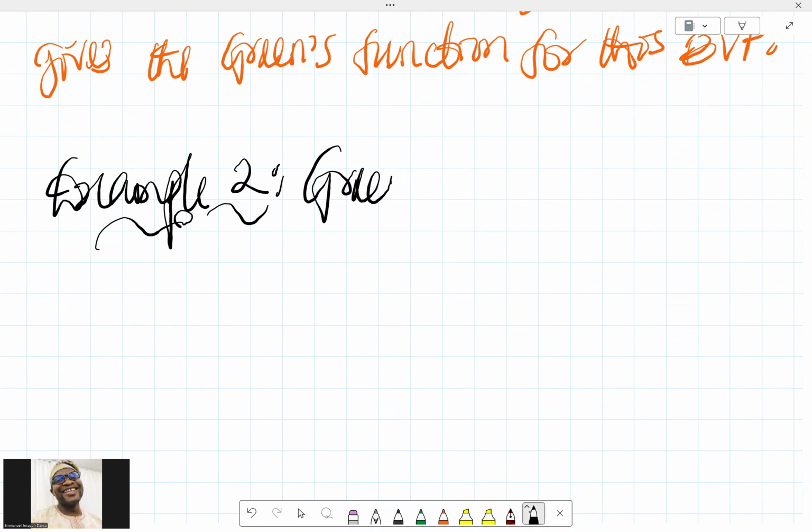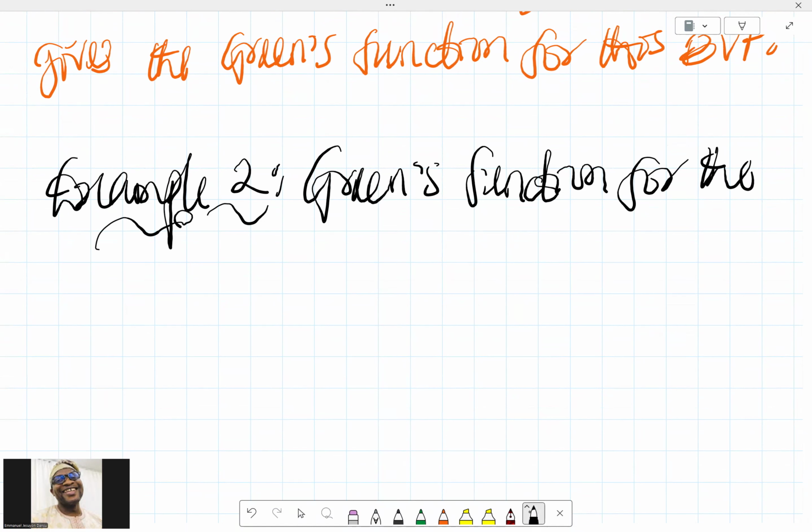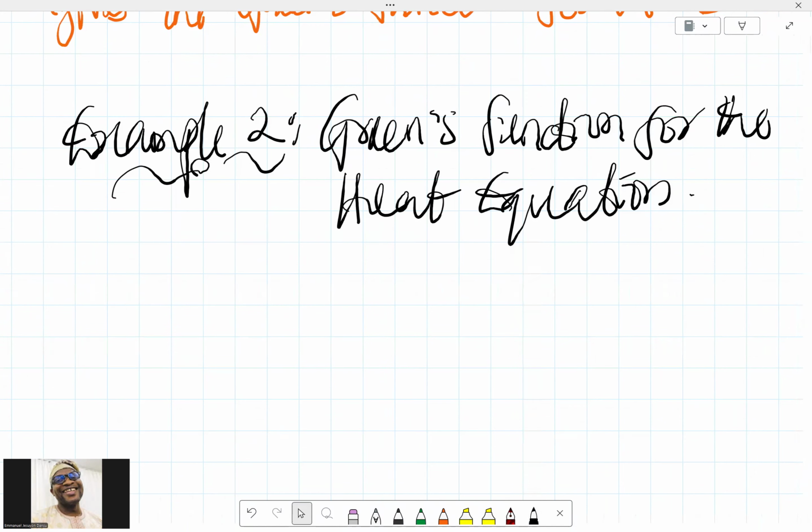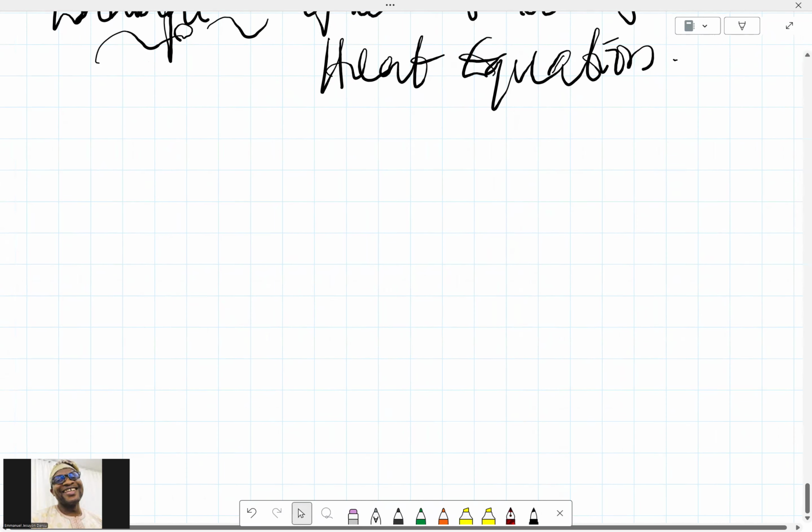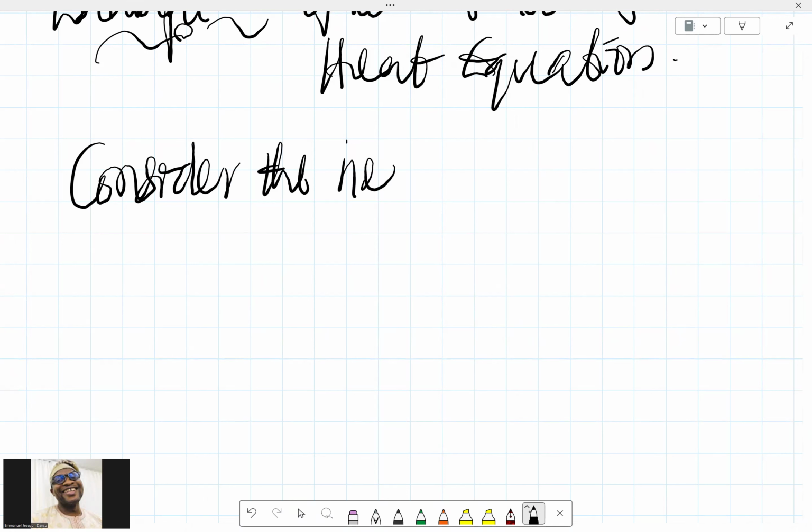So Green's function for the heat equation. So now consider the heat equation.